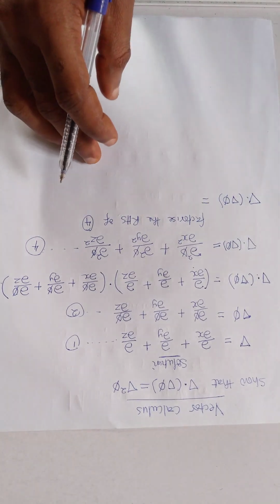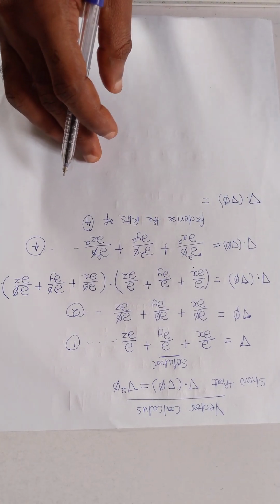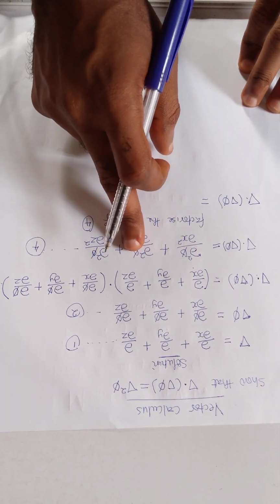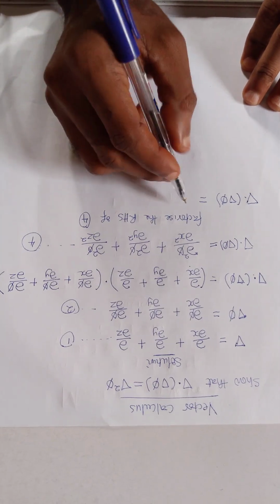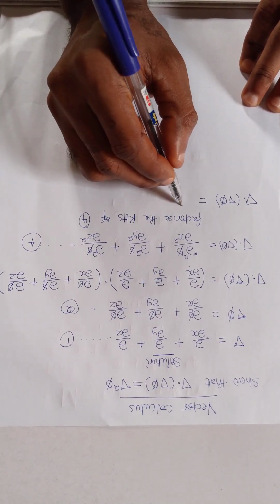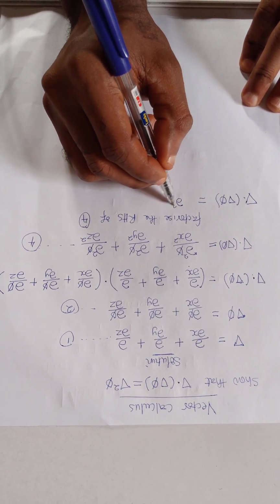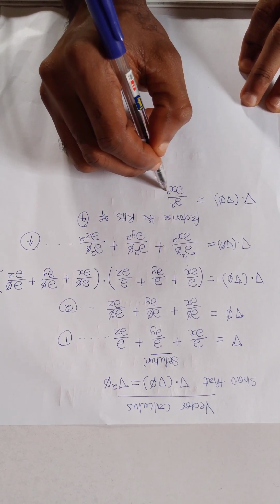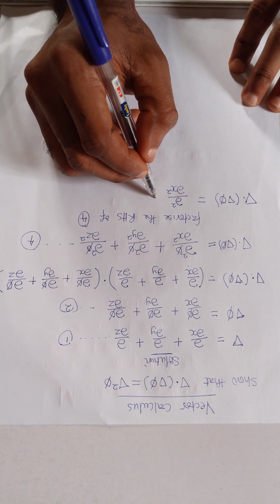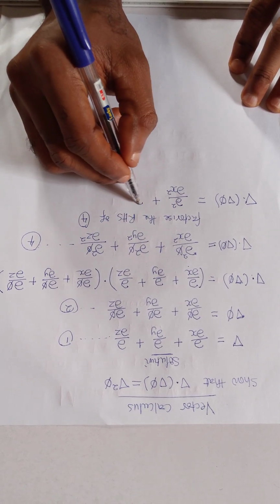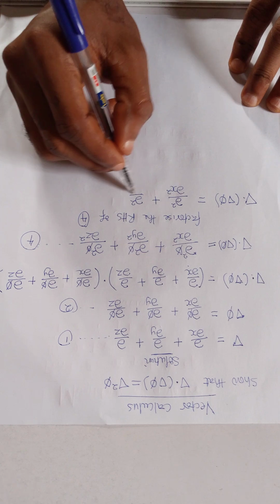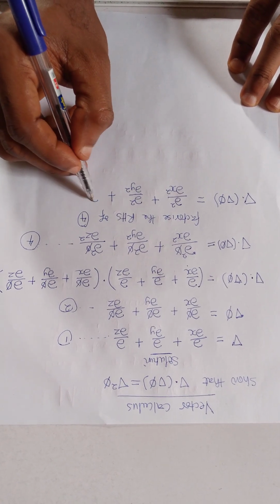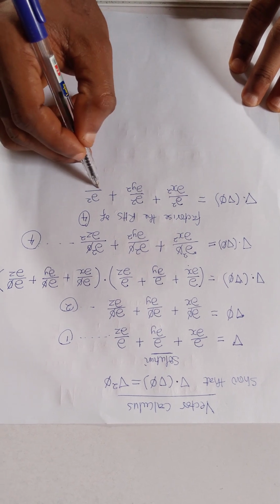So if we are to factorize this, it means we have to bring out the value of phi, because phi is common here, phi is common here, phi is common here. So if we bring out phi, we are going to have partial derivative square all over partial derivative x square plus here we are going to have this, and here we are going to have this.